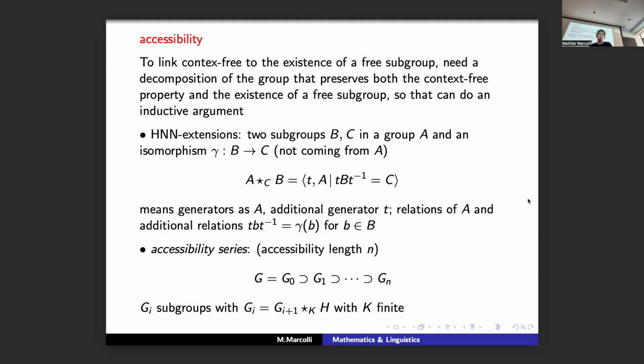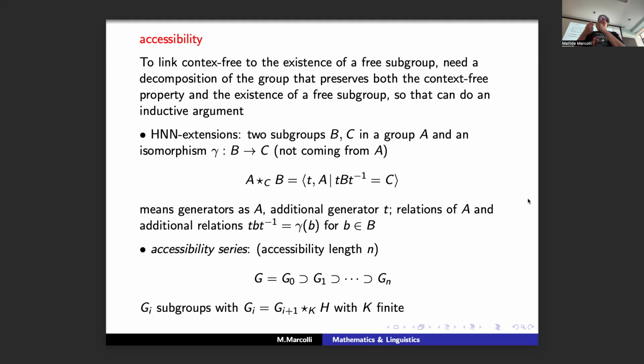And okay, so now this is a characterization of the context-free class in terms of this property of the Cayley graph. And then the way that you get to rephrase this in terms of a finite index free subgroup is a bit of an algebraic trick. What you try to do is simplify the group, with a sequence of operations which preserve both the fact of being context-free and the possible existence of a free subgroup.